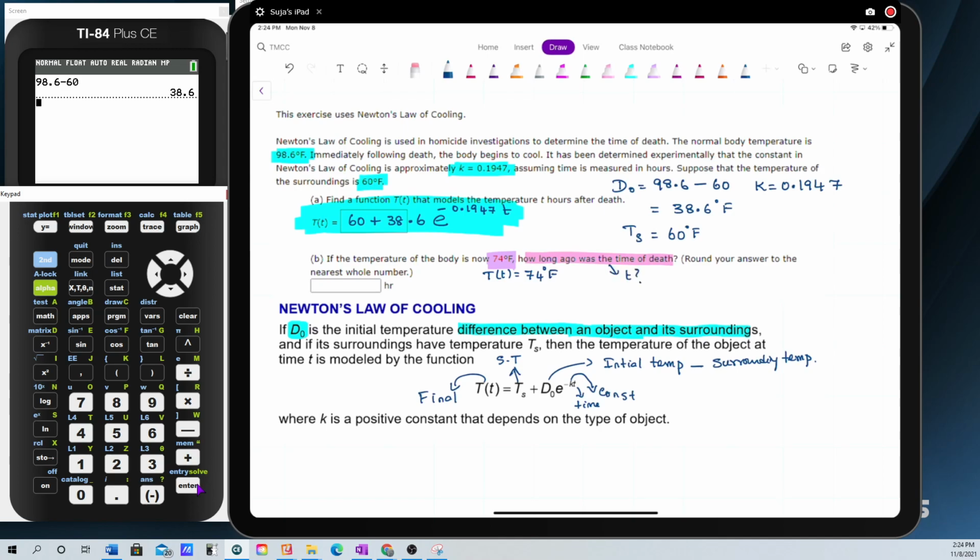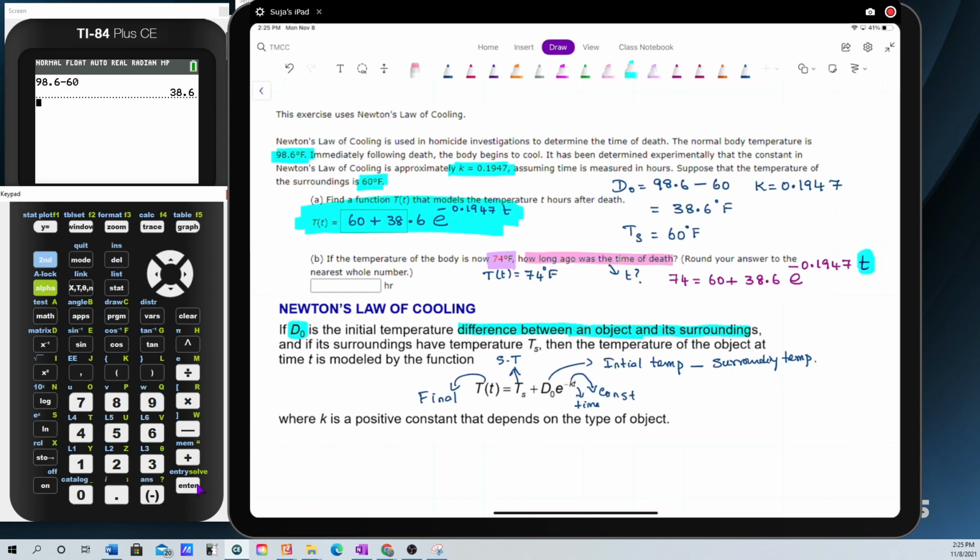So to do this problem, I will set up the equation again. 74 is equal to 60, my room temperature, which is not going to change, plus the D0 value, 38.6, which is again 98.6 minus 60, times e to the power of negative 0.1947, and t is my variable that I'm looking for. Remember to put the negative sign in the exponent.